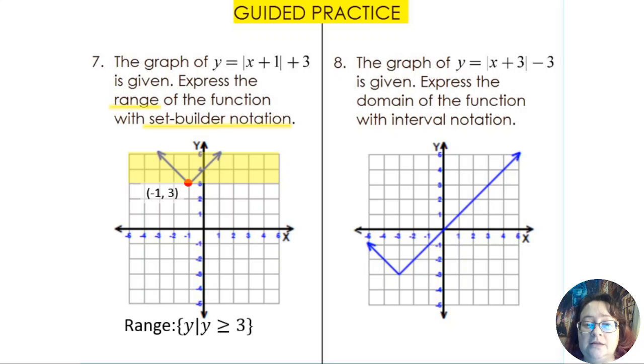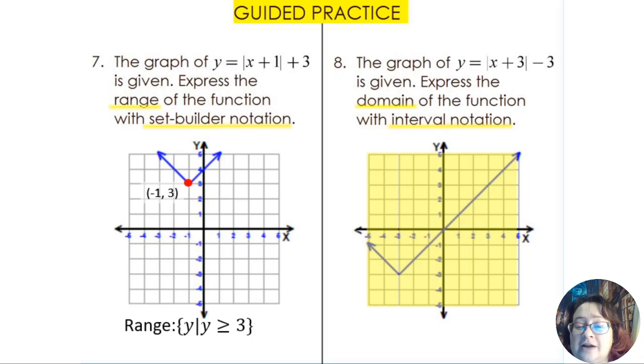Number 8, again, we have our graph and our absolute value function. We're going to underline our keywords, domain and interval notation. Domain, if I forget that it is all real numbers, I'm going to look to the left and it keeps going. I'm going to look to the right and it keeps going. So I know it is all real numbers.